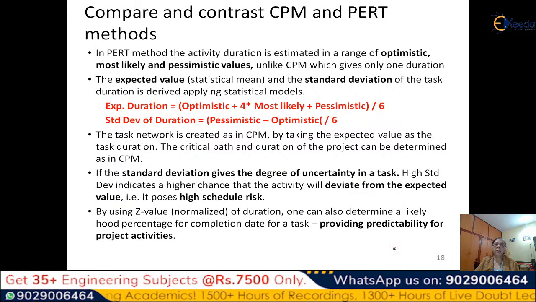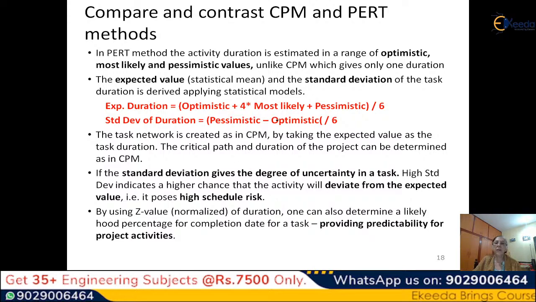Now let's compare and contrast CPM and PERT method. This may be a question for you. So in that case, we have to basically show what is the similarity and what are the differences. So in CPM we had only one duration. For one task, we estimated one duration. That is what we have learned in our estimation classes.